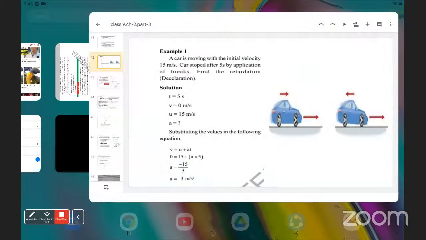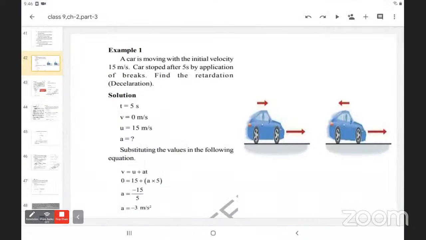A car is moving with an initial velocity of 15 meter per second, and the car stopped after 5 seconds by application of brakes. So here we need to find the deceleration of the car, or we can also call this retardation.